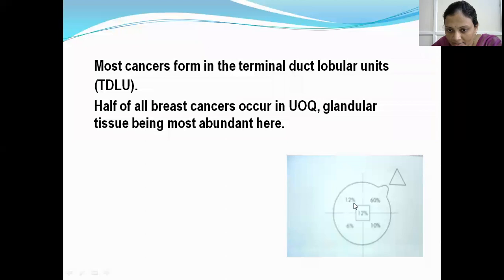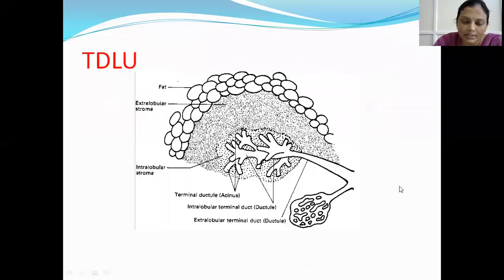Upper inner and central quadrants constitute 12% regarding carcinoma of the breast. Lower outer 10%, lower inner 6%. This is the diagrammatic representation of the terminal duct lobular unit.